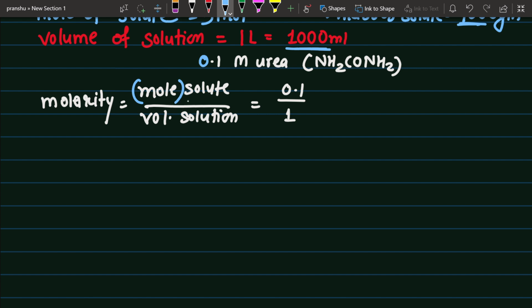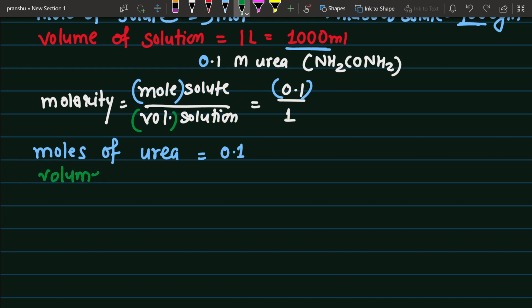From this data we can say that moles of urea is equal to 0.1, and volume of solution is 1 liter, equal to 1000 ml.